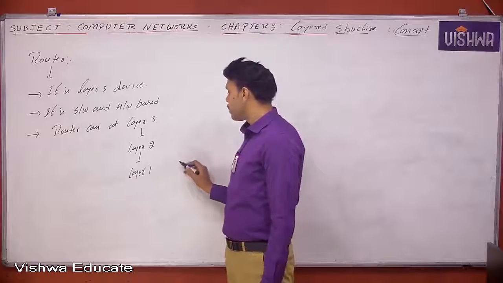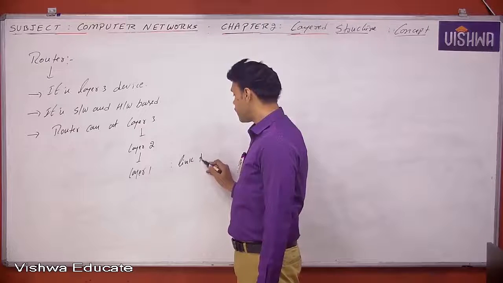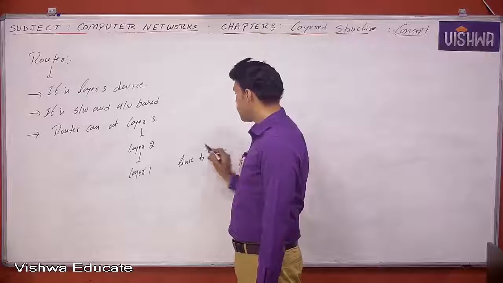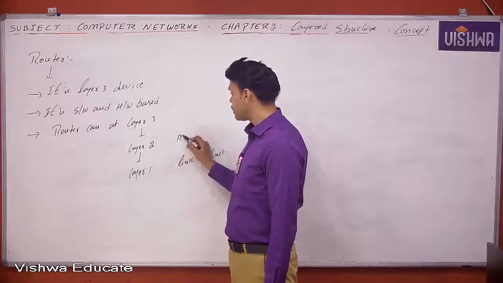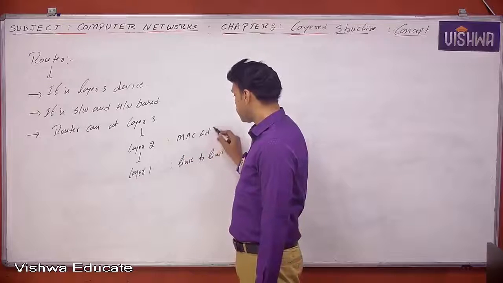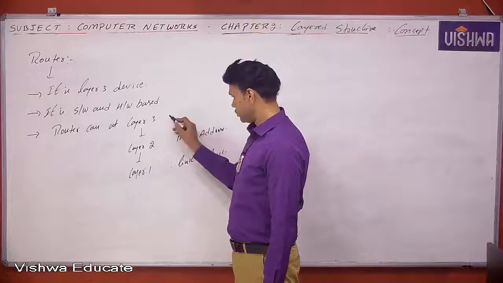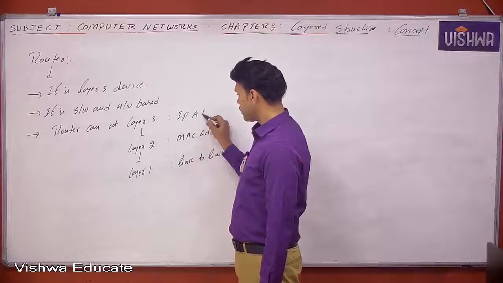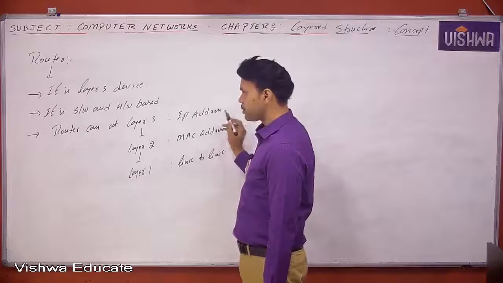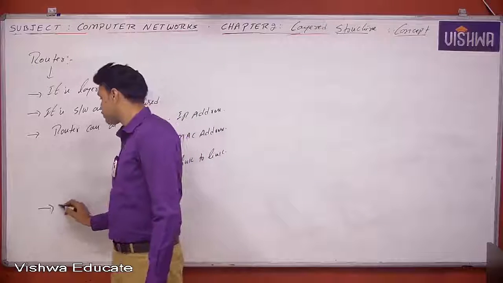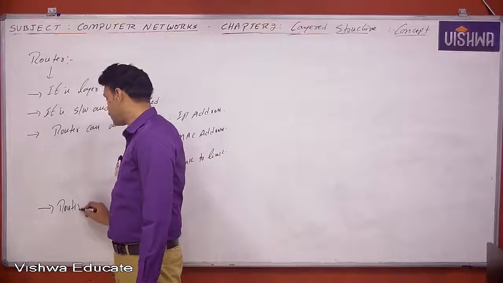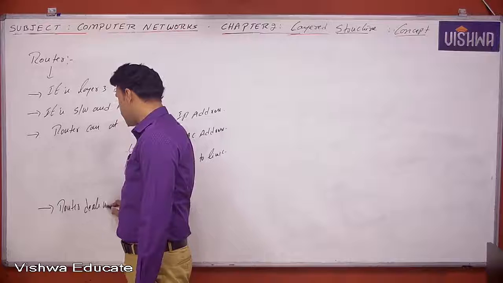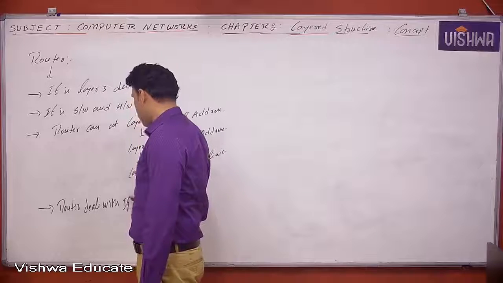So at layer 1 it acts like a link to link, at layer 2 it acts like a MAC address, and at layer 3 it acts like an IP address. So the router deals with an IP address.